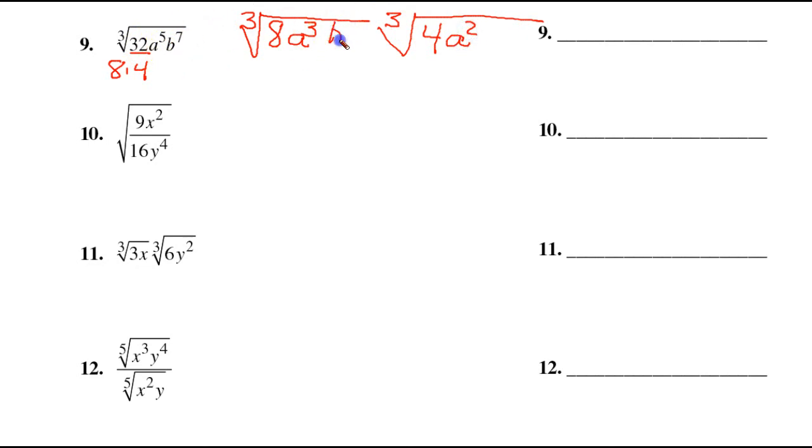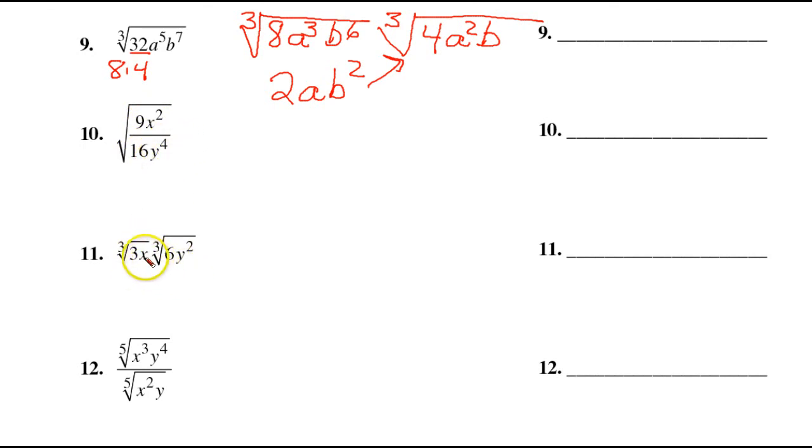And we have here b to the sixth, and we have a b left over. So under one radical sign, we put perfect cubes, and then whatever's left over is there. So this becomes 2a b to the second, and then we add that to it. This is going to be 3x 4y squared.